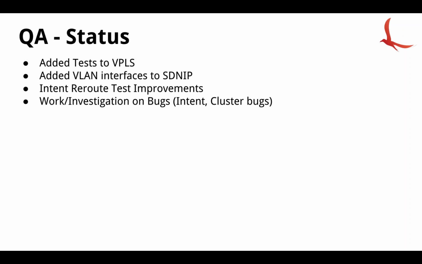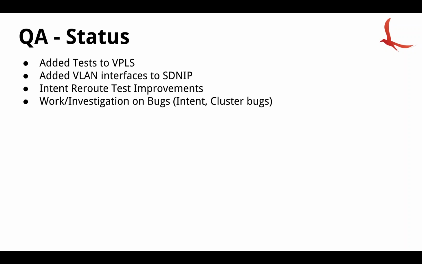Thanks, Sarah. QA, Sujitra? For QA, we finished the tests for the VPLS feature, and we also completed the work for adding VLAN interfaces to the SDN IP. We did some work regarding intent readout testing and improved some of the testing around that.